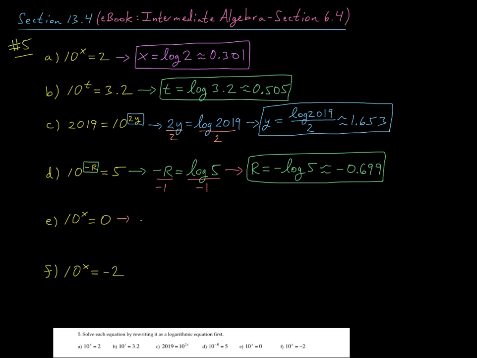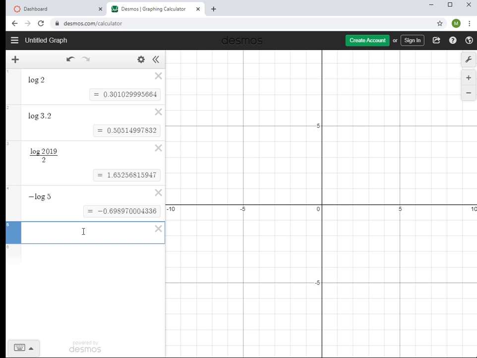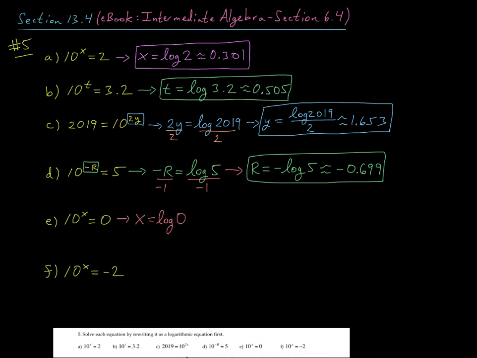This is going to say that x is equal to log of 0, and so what are we going to get here? Well, log 0, well, it's undefined. What's going on there? All right, so we said here this is undefined.